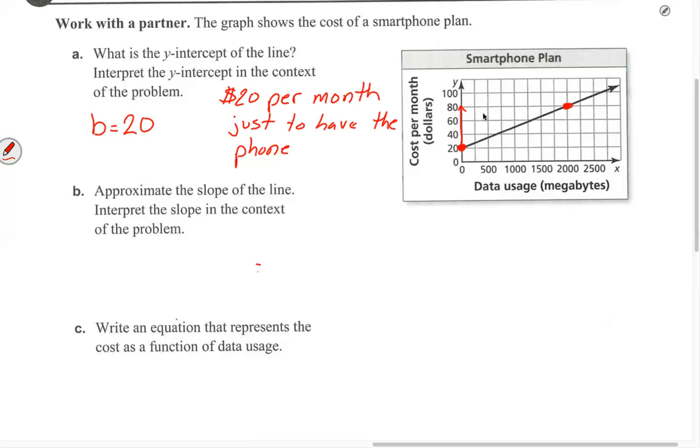I'm just going to show you how we get to that. So we're counting by 20. So 20, 40, 60. Now, we're going over and we're counting by 250. So 500, 1,000, 1,500, 2,000. So we went up 60 and we go over 2,000, right?